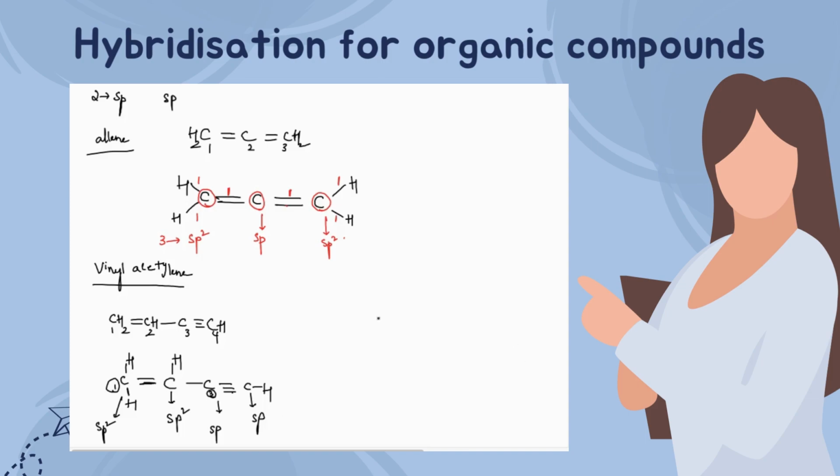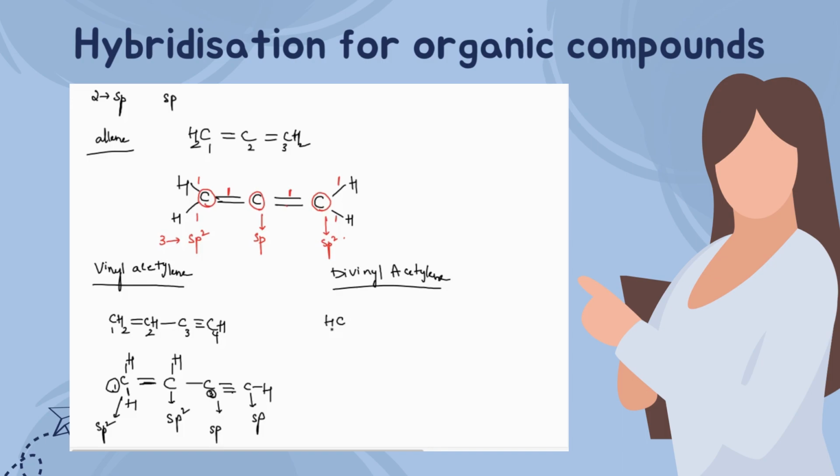And let us look at one more example, that is divinyl acetylene. So vinyl acetylene we have seen, we need to look at divinyl acetylene. So there have to be vinyl groups, two of them, and the acetylene group should be in the middle.